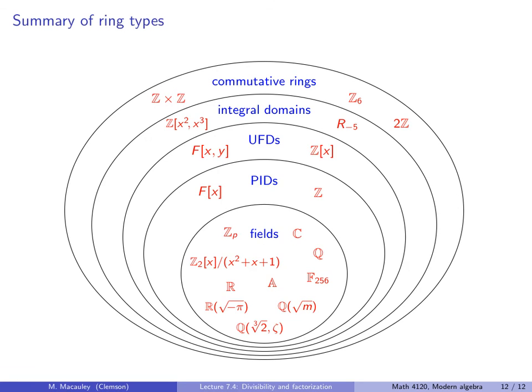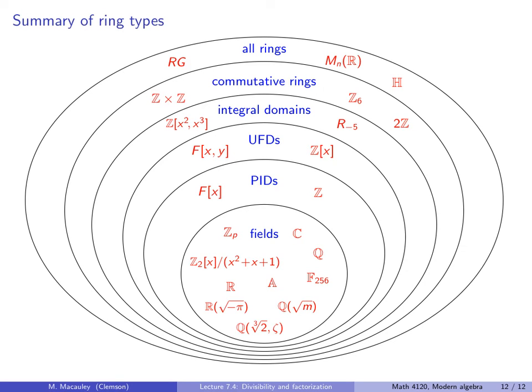Every integral domain is commutative by definition, but there are commutative rings that have zero divisors and therefore are not integral domains, like Z × Z or Z_6 or 2Z. Even though that does not have zero divisors, it does not have unity, so it is not considered an integral domain.